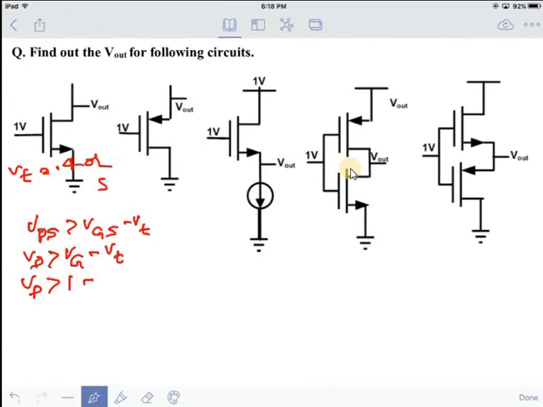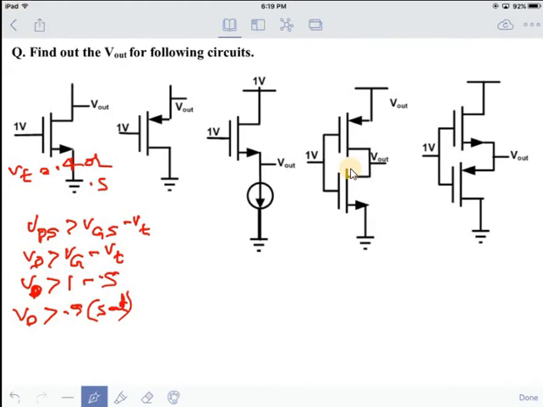So if I take 0.5 volt, then the drain voltage should be greater than 0.5 volt in case of saturation. Okay, so this is for the first circuit. This is the VD drain voltage.